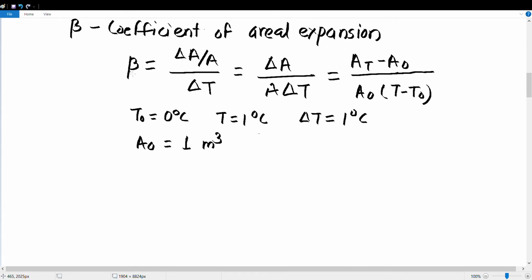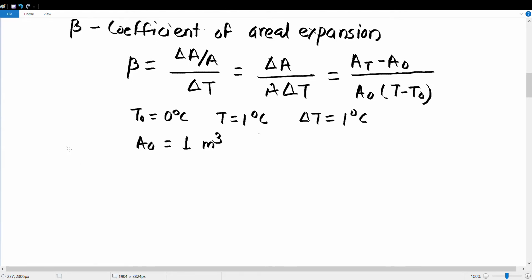Then this coefficient of areal expansion is defined as the ratio of change in area to the original area to the increase in temperature.